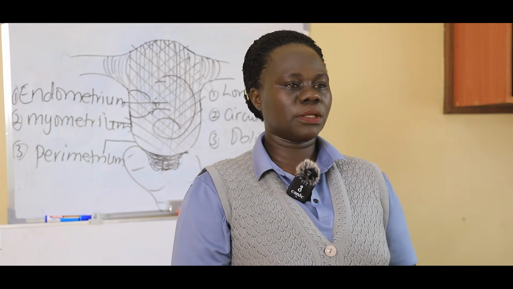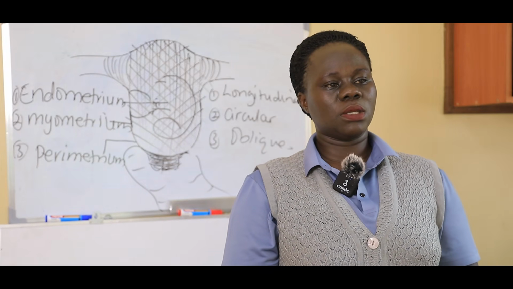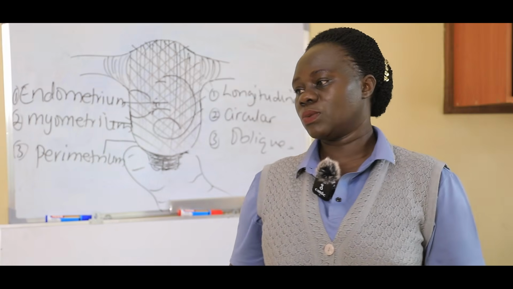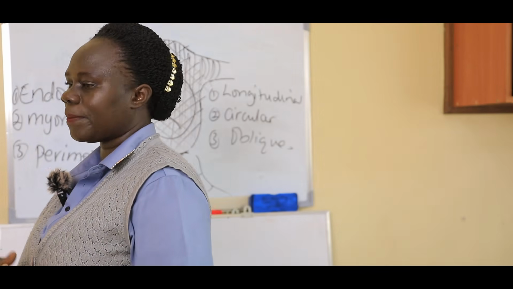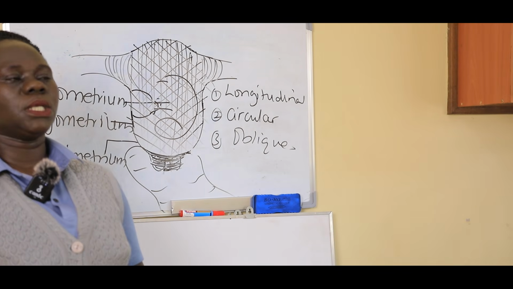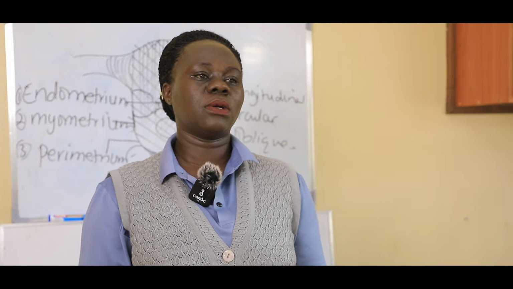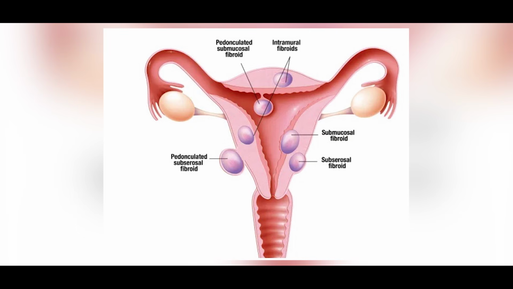The uterus sheds during menstruation. That is its function, because we said it has the functional layer that is supposed to shed during menstruation. Then probably the uterus is diagnostic. It is a diagnostic organ. How diagnostic?